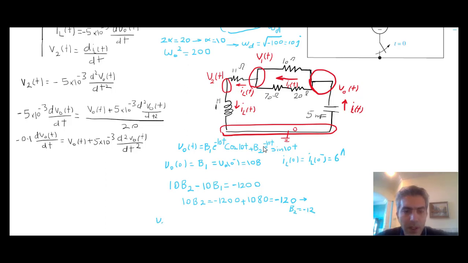So V out of t finally is equal to 108 e to the minus 10t cosine of 10t plus B2, we now know what B2 is, and that's minus 12.